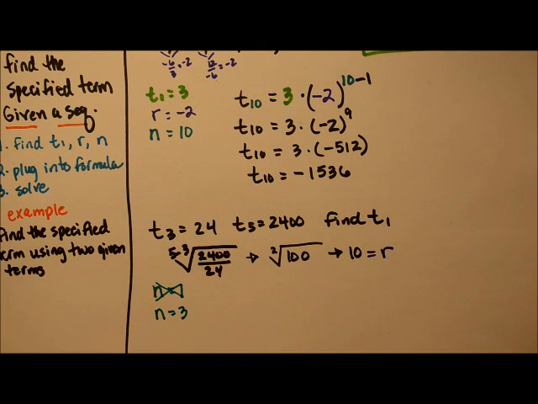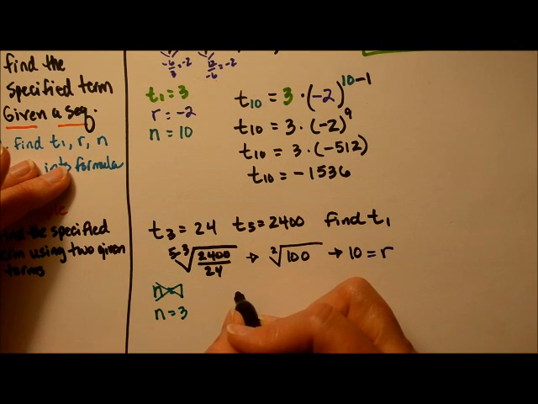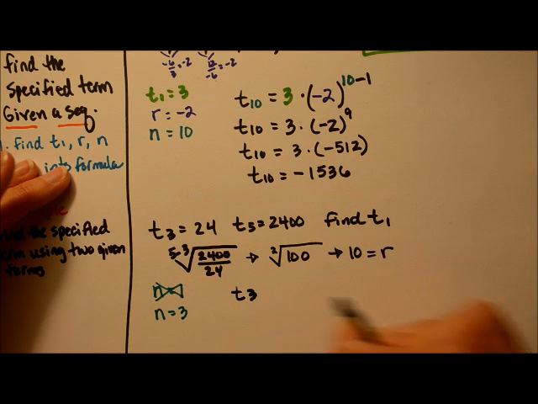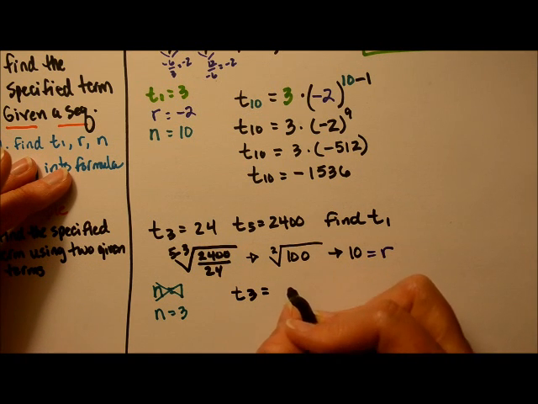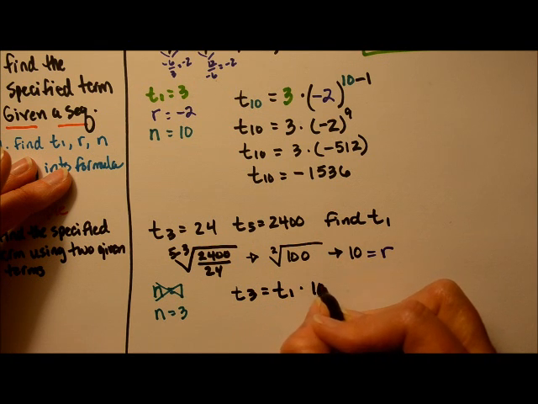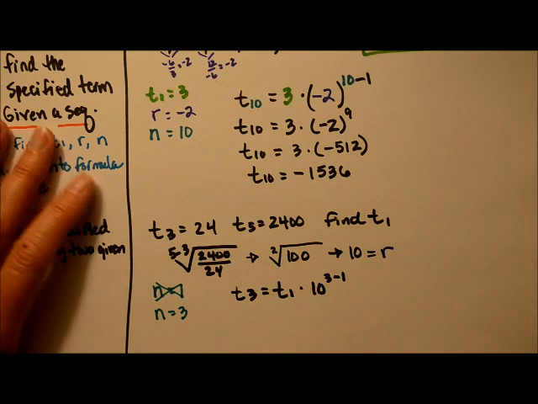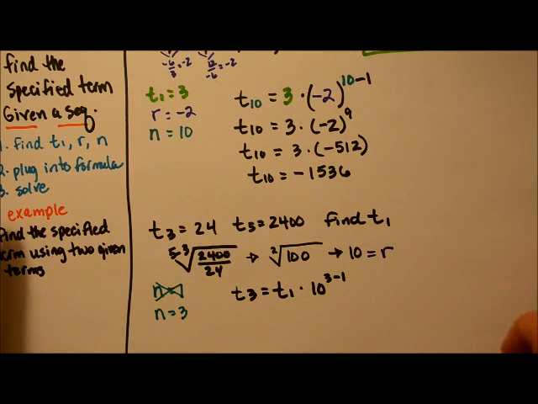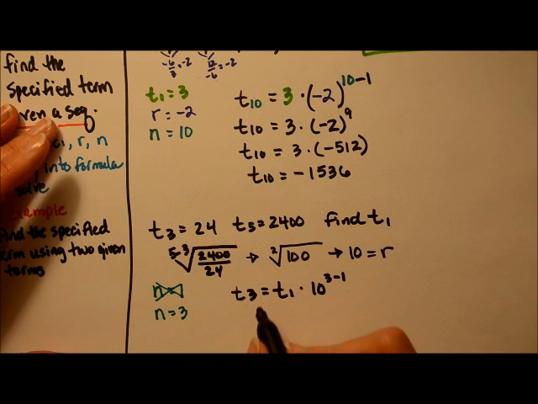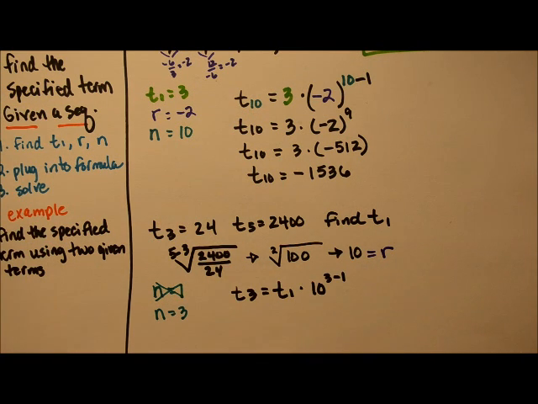Okay, so this is what I'm talking about here. What I would have is T3 equals T1 times 10 to the 3 minus 1. But T3, and we did this in the arithmetic sequences, T3 is 24. So I'm going to substitute this in.